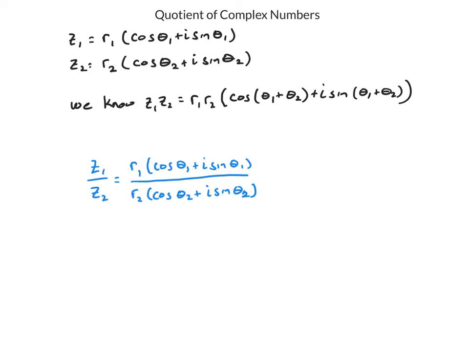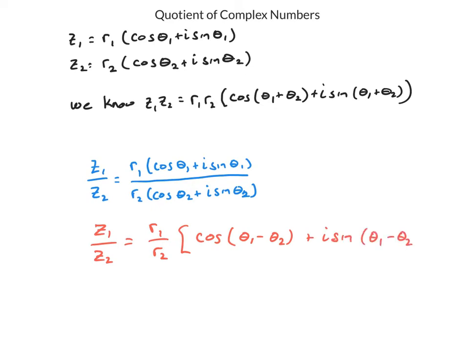Since these are opposite operations, when I take the quotient of z1 over z2, this is going to be r1 over r2 times the cosine of theta 1 minus theta 2 plus i sine of theta 1 minus theta 2. That's what you should end up with.